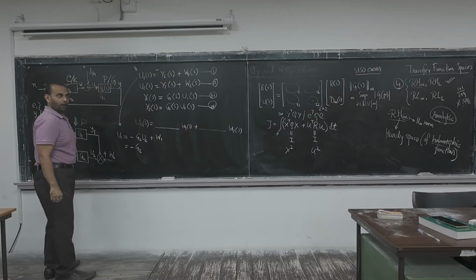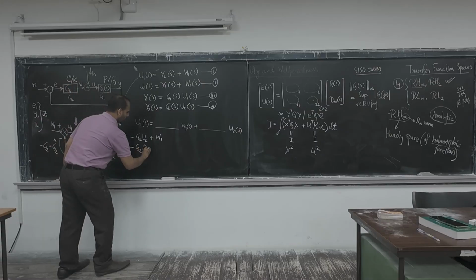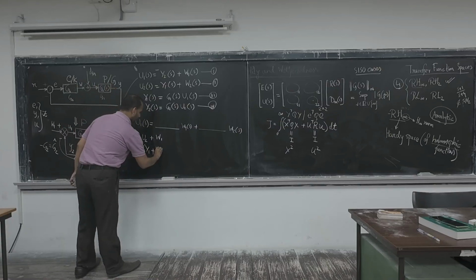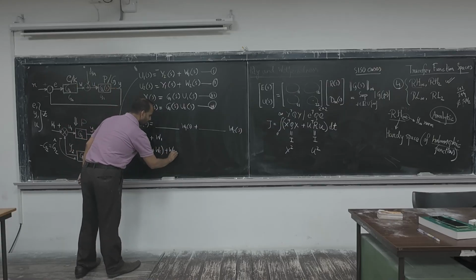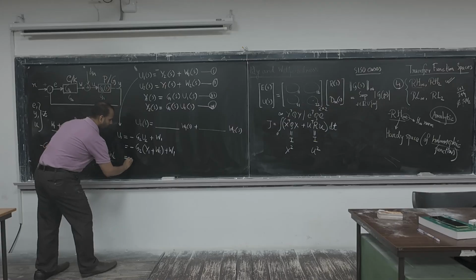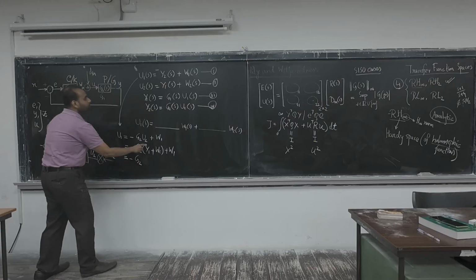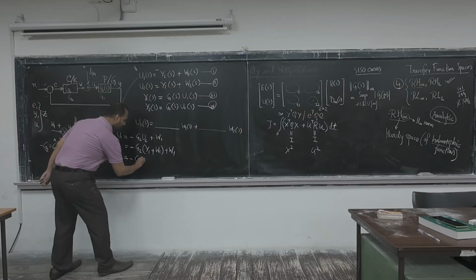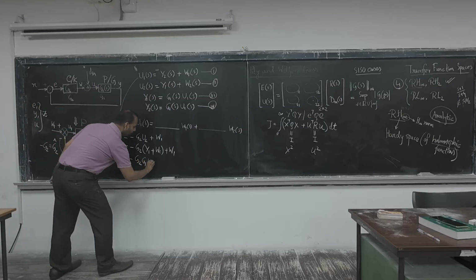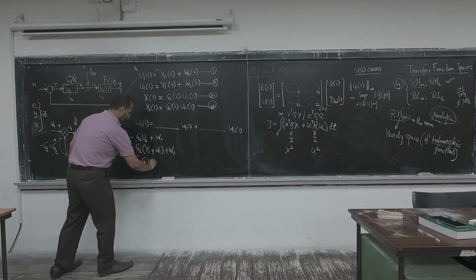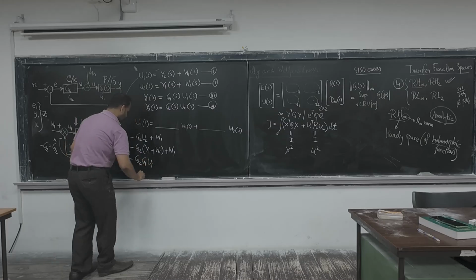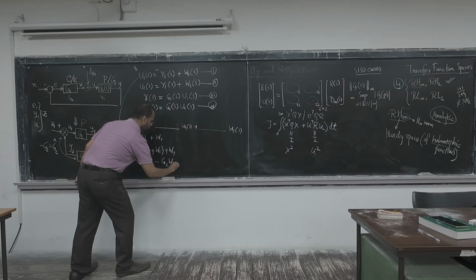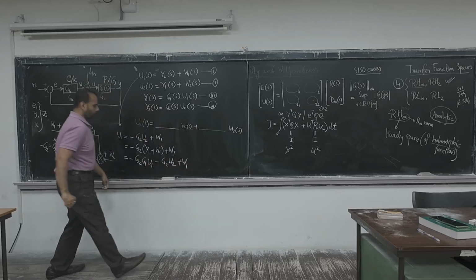The second one, Y1 plus W2. Then what is my Y1? G1 U1. So this is G2 into G1 U1 of S, and then what will happen? Minus G2 W2 plus W1.